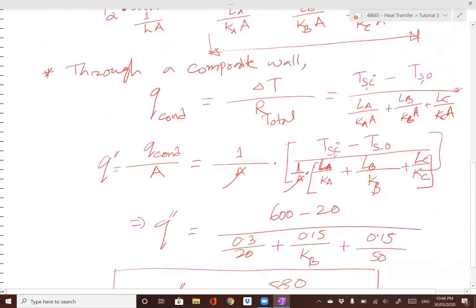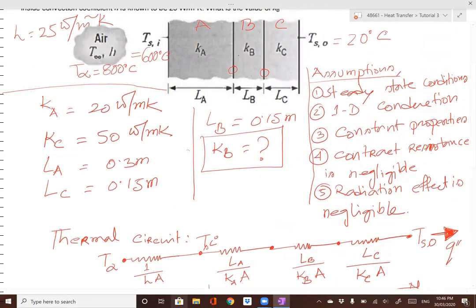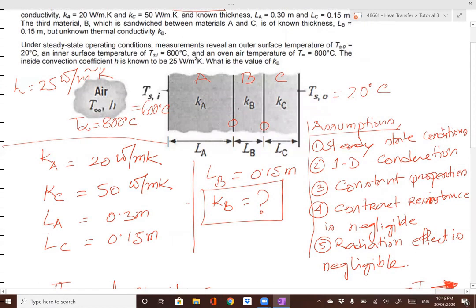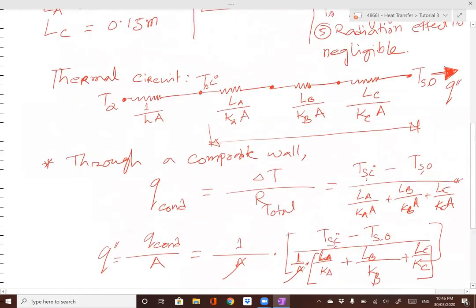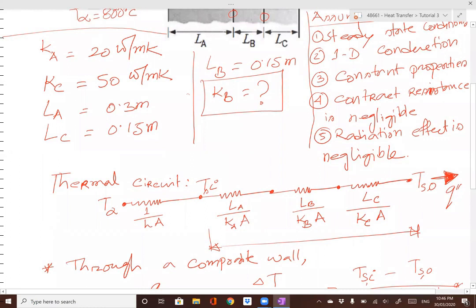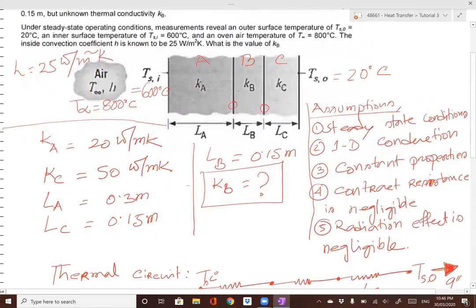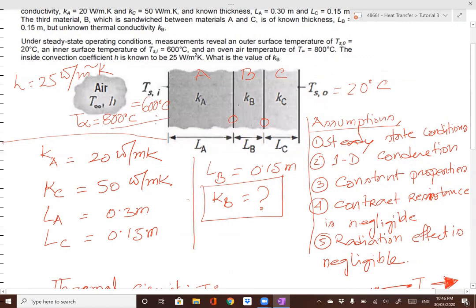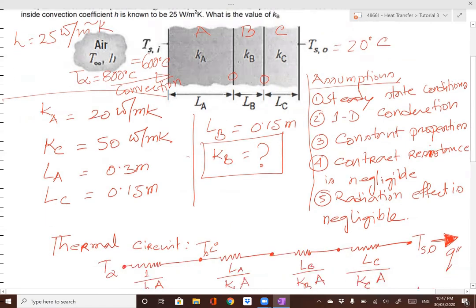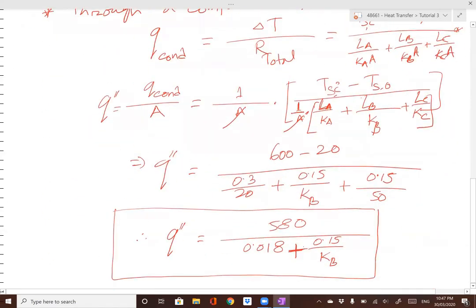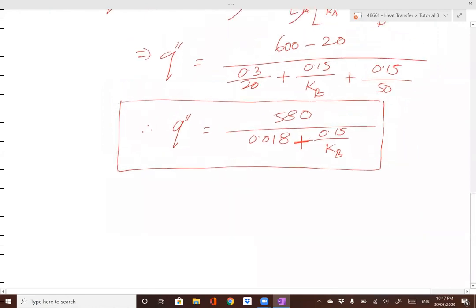Now for the oven air temperature, heat will transfer from the oven air to the inner wall through convection. So we can calculate the convection heat transfer between the oven air and the inner wall of the oven.